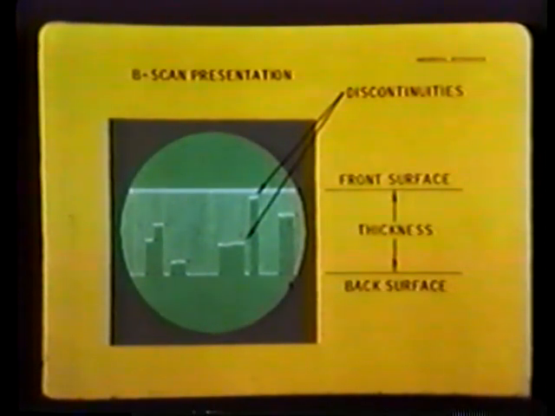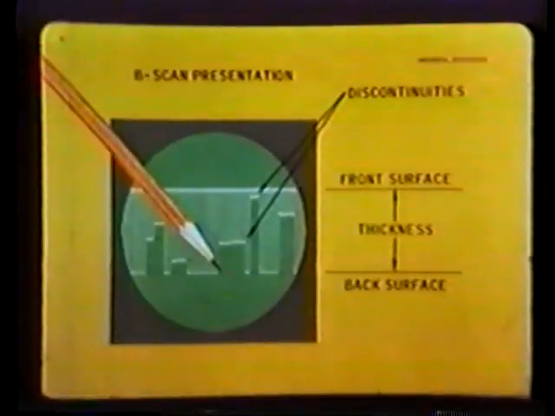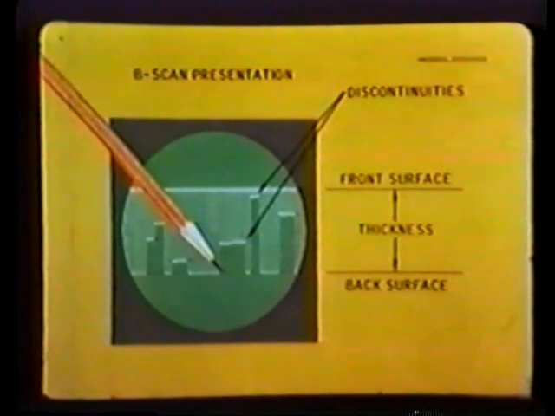The display is particularly suited to corrosion testing, or where the distribution and shape of large discontinuities in a given cross-section are of interest. You'll notice a discontinuity masks the back surface reflection directly behind the discontinuity. Where a discontinuity is very small, this is sometimes the only indication that one exists.